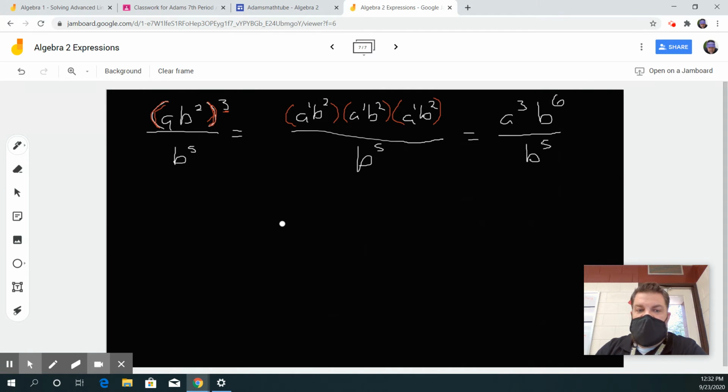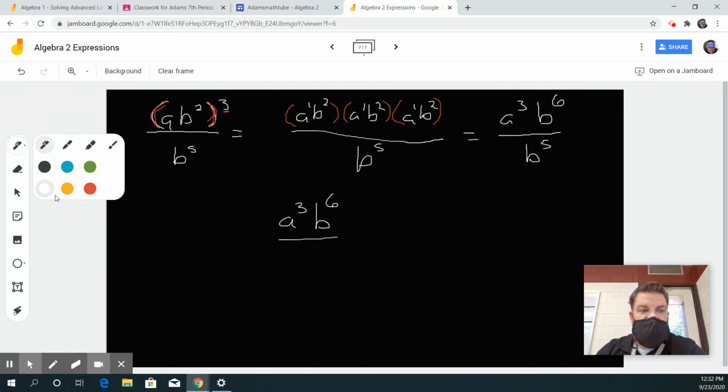Now before I submit my final answer, I need to see if I can simplify this. So b to the sixth over b to the fifth, I want you to think of it like this.